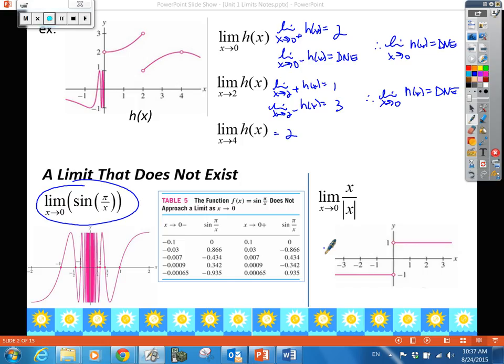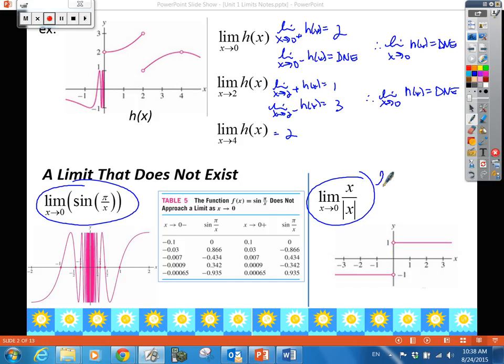Alright, our last example for today. We're going to do this one graphically. So here's our limit statement. That's what the graph of this looks like. And we can see from the graph, this is called a jump discontinuity. So it doesn't come together. So this one is a DNE. If it's a DNE, then we need to show both sides.